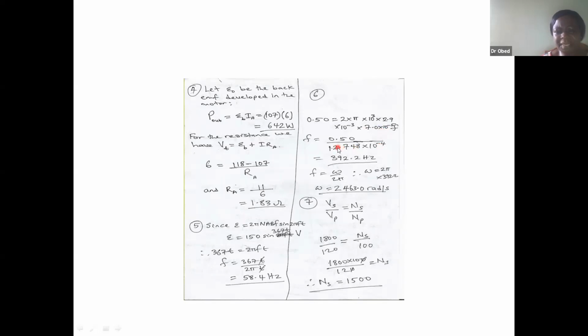So evaluating that and making F the subject of the formula, you get this for the frequency. And you know that omega is equal to 2 pi F. That's the angular velocity. And if you evaluate that, you get 2463 radians per second.